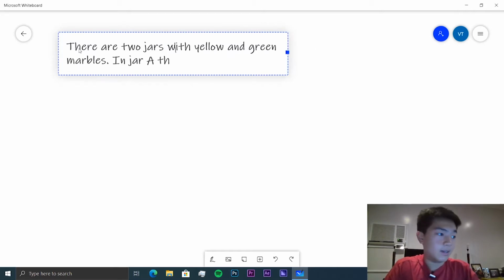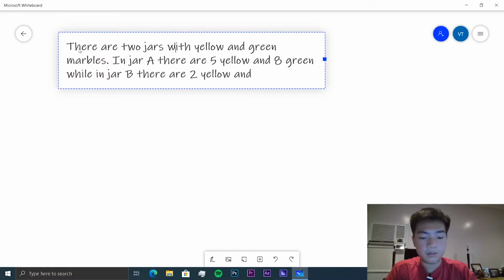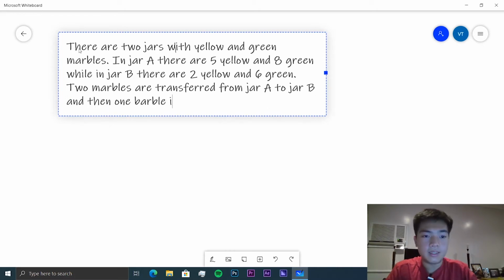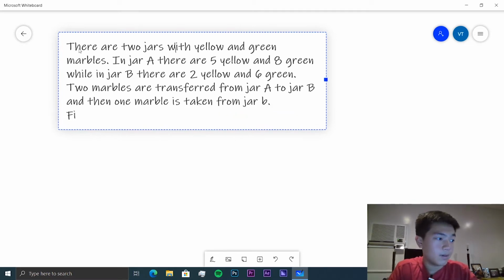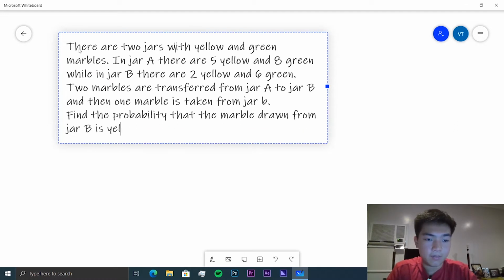In jar A, there are 5 yellow and 8 green, while in jar B, there are 2 yellow and 6 green. 2 marbles are transferred from jar A to jar B, and then 1 marble is taken from jar B. Find the probability that the marble drawn from jar B is yellow.